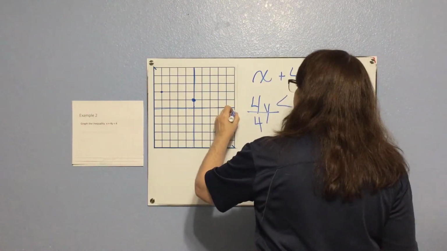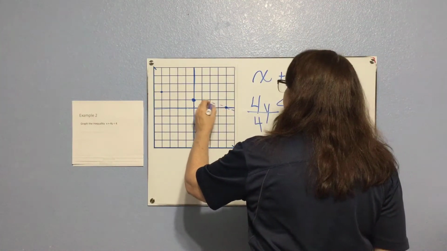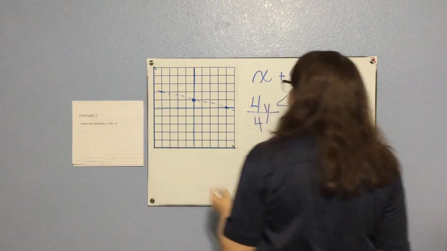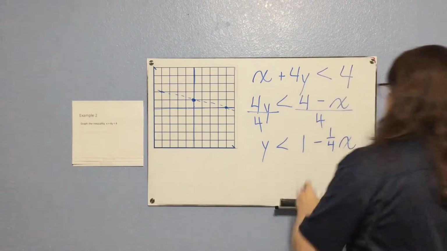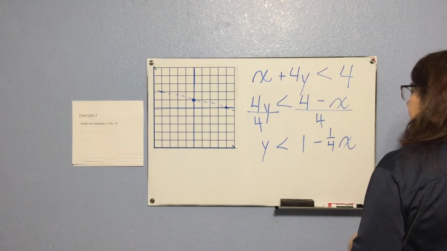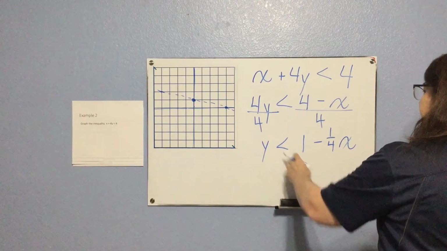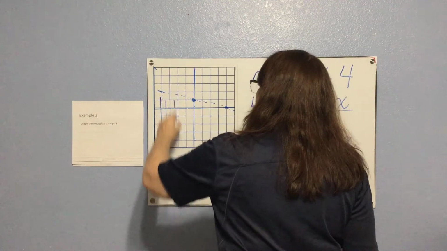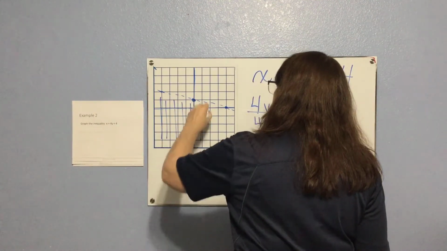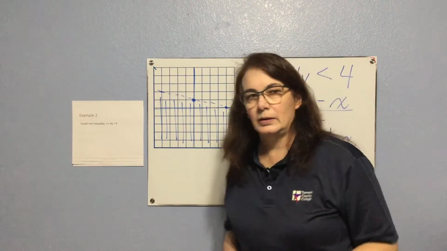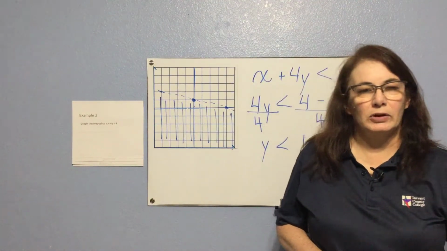And I need to draw a dashed line for this one, because the line itself is not part of my solution. And we see y is less than, so we're going to shade below the line. Pause your video now and work on checkpoint 2.